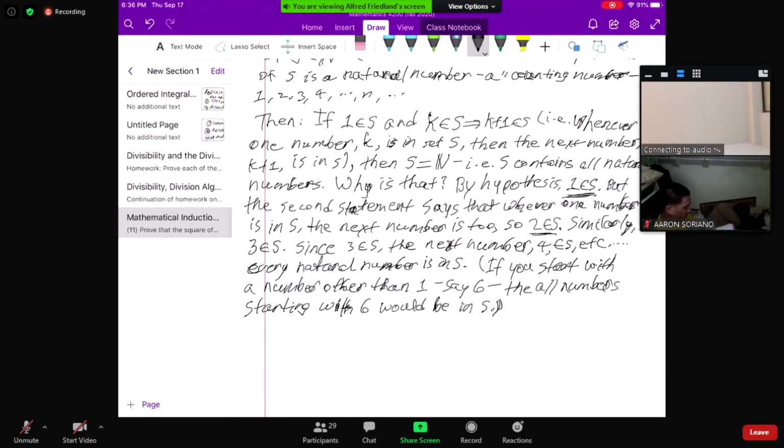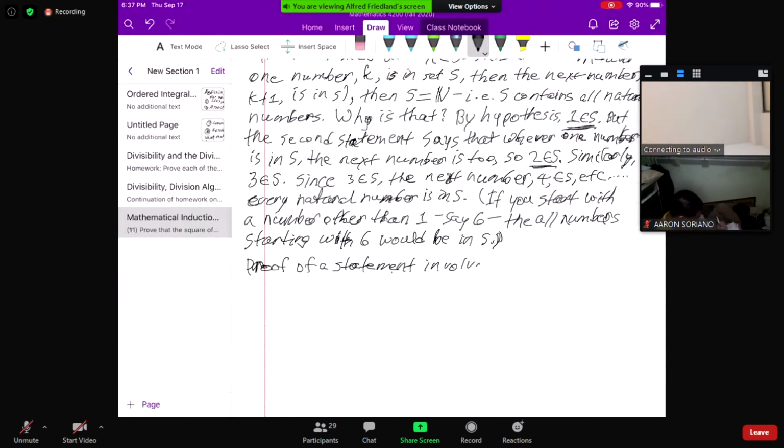So you're saying, okay, 6 is in the set, then the next number 7 is in the set. Since 7 is in the set, the next number 8 is in the set, and so on. In most cases, we'll start with 1, but we'll definitely see cases where this situation arises.